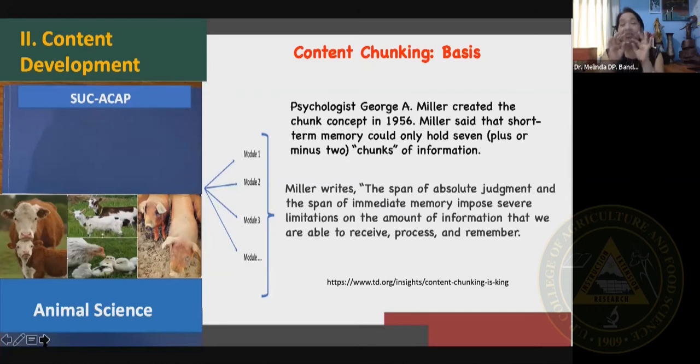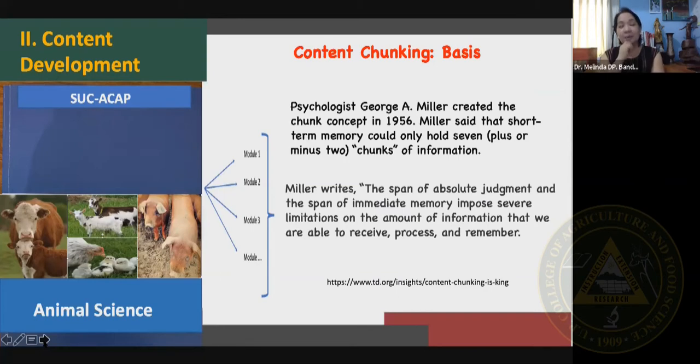for that particular lesson. So Miller further writes that the span of absolute judgment and the span of immediate memory impose severe limitations on the amount of information that we are able to receive, process, and remember. Actually, very, very interesting nga yung example na ibinigay dito.